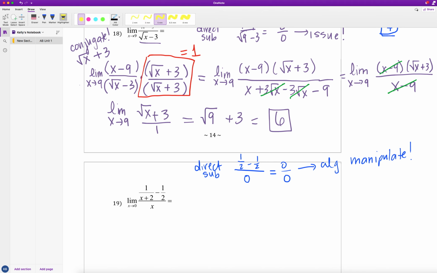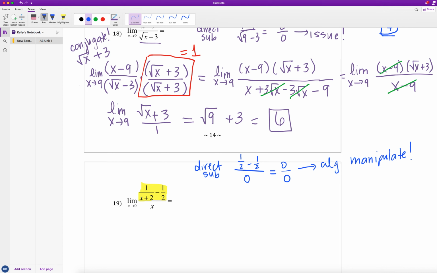And where I'm going to focus getting a common denominator is actually in just the numerator portion of this problem. The reason being is I've got fractions within fractions. This is a complex fraction, and I want to go ahead and reduce this down as much as I can and then worry about taking the limit. Because really right now, what I'm taking the limit of is extremely messy, and I just want to remanipulate that portion of it.